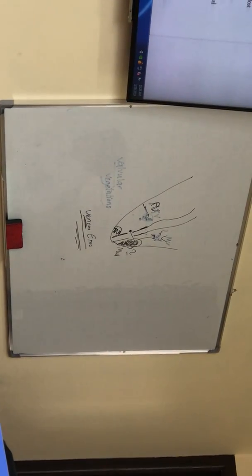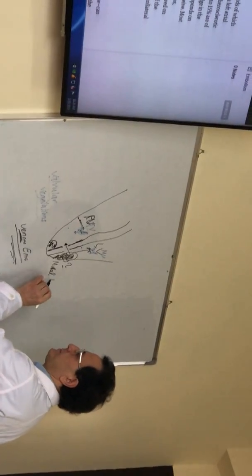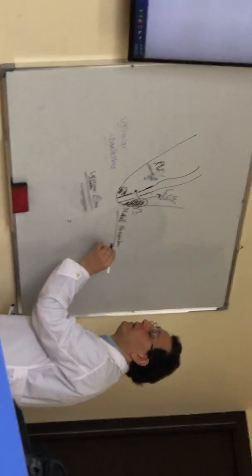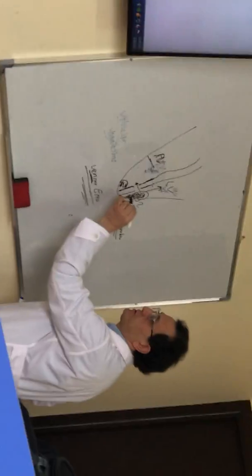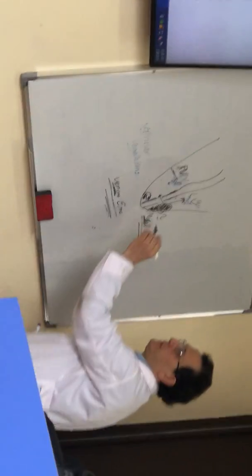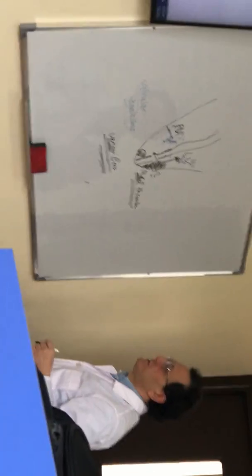What is a mural thrombus? So listen. Mural thrombus originates in the heart. So the thrombosis in the heart is called mural thrombus. This thrombus starts to circulate in our arterial system.